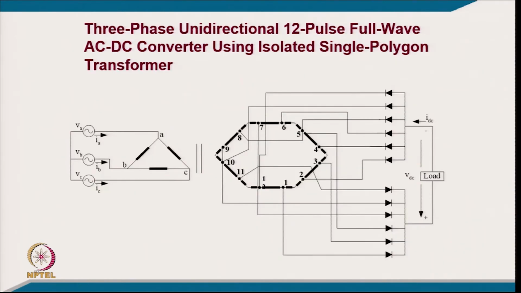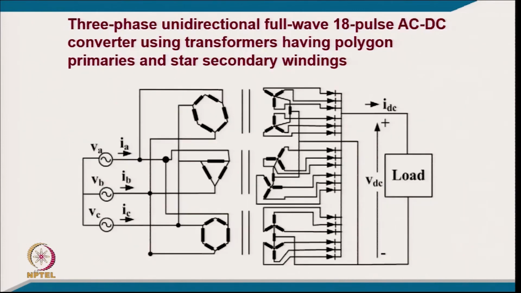Then similarly, this is another connection, a polygon connection for 12 pulse, and then you have a typical 18 pulse using the star connection. Of course, we need the 3 sets of transformers here, and from the 3 phase input supply we are converting to 18 phase, and 18 phase means 360 by 18.